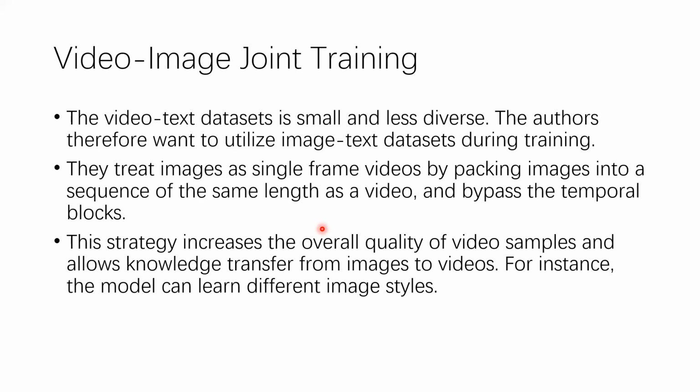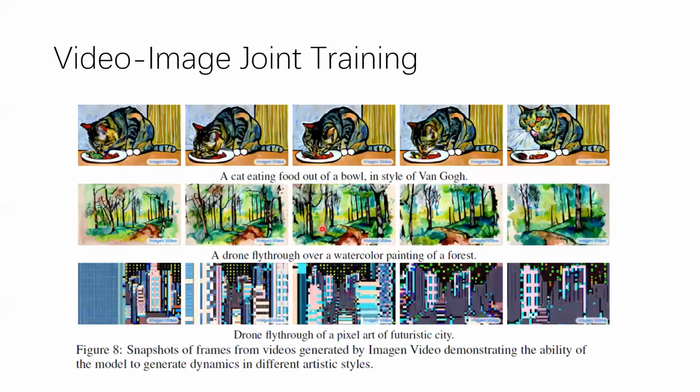So this strategy increased the overall quality of video samples and allows knowledge transfer from images to videos. So for example, the models can learn different image styles that are not contained in the videos. Like this one, a cat eating food out of a bowl in the style of Van Gogh. We know there are no videos in the style of Van Gogh, but because they add images of Van Gogh paintings, they can learn the style of Van Gogh.